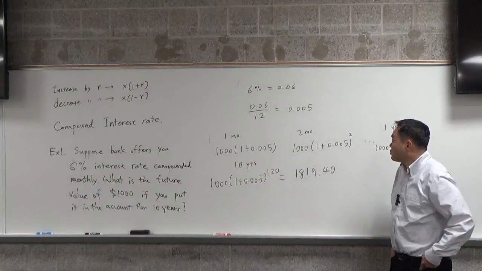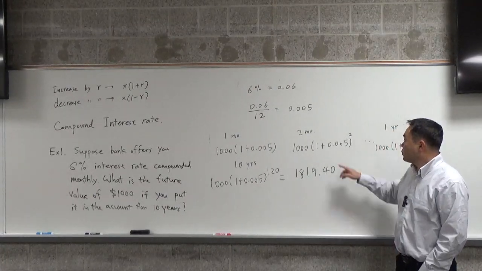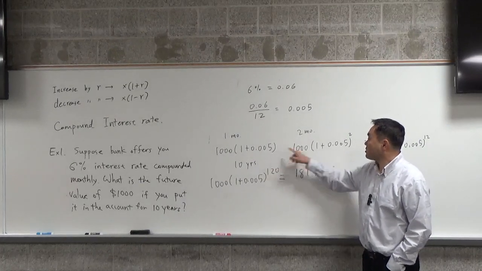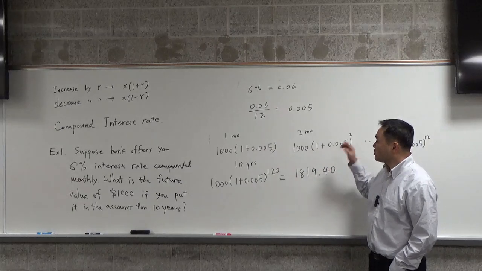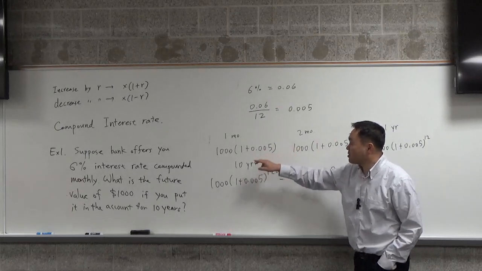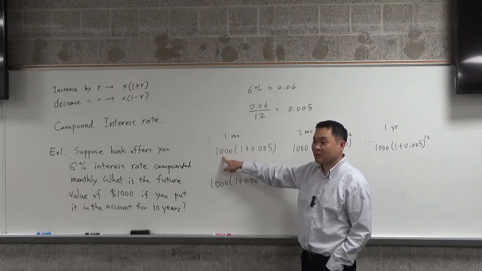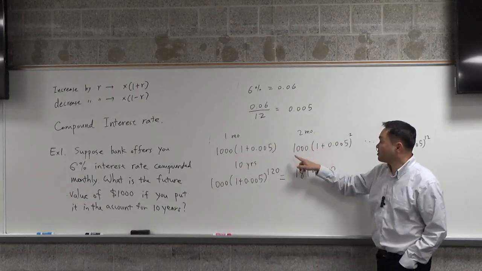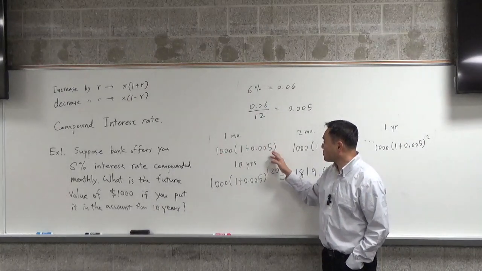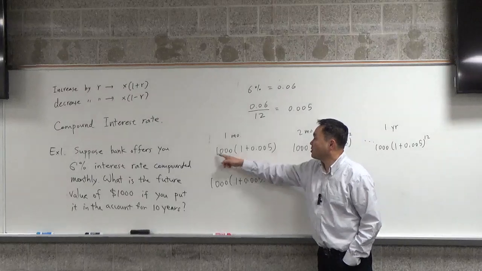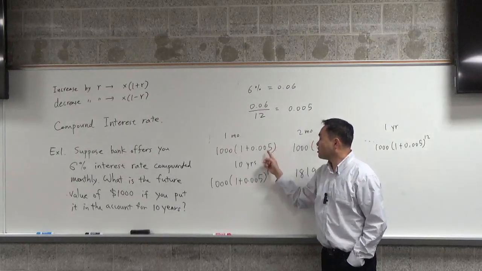Now, there's something that you should notice here. When it's the second month, you're not adding the 0.5% of the original money, right? It's the 0.5% of the money in the account, which includes the interest.